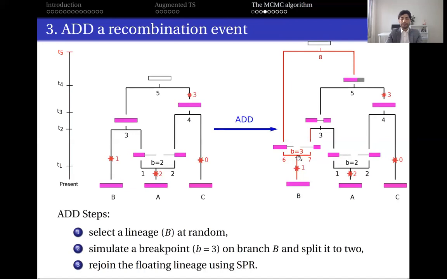One of the parents follows the existing path at random, and the other parent, 6 here, will rejoin the ARG using SPR. So here 6 and 5 coalesce at time T5 with parent 8.